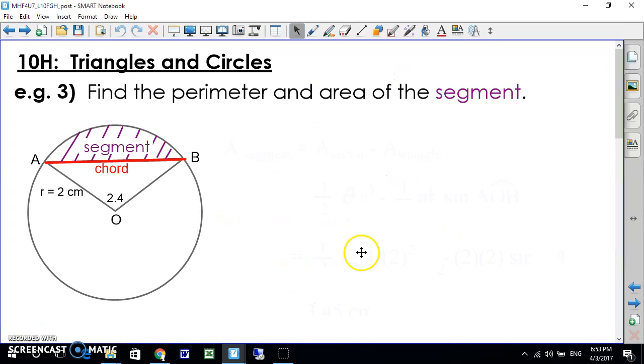Next, we're going to look at the last example in this lesson. Find the perimeter and area of the segment. So before we proceed, let's talk about two new terminologies.